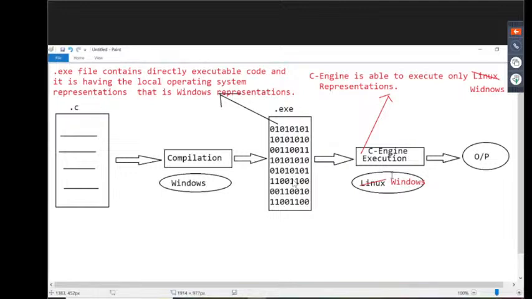Because of this reason, tell me what is going to happen in this particular situation. In this representation, what we identified is that execution is totally dependent on the operating system we have used for compilation. Am I right or not? That means for compilation and for execution, we must provide the same operating system.